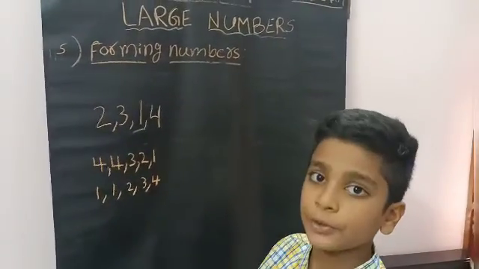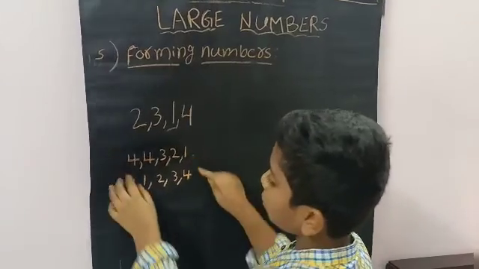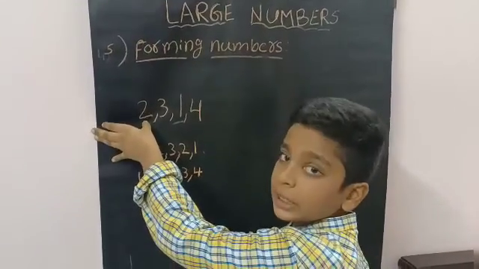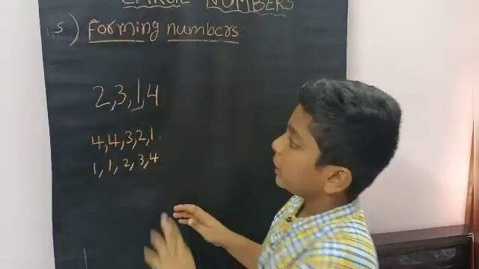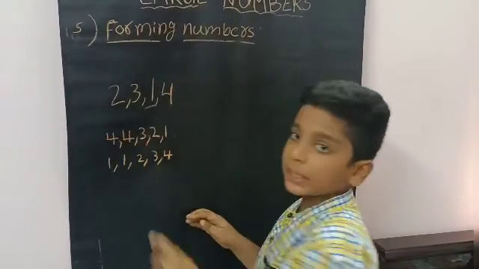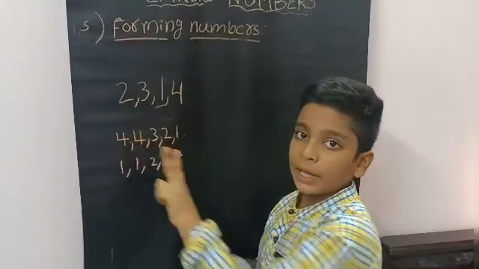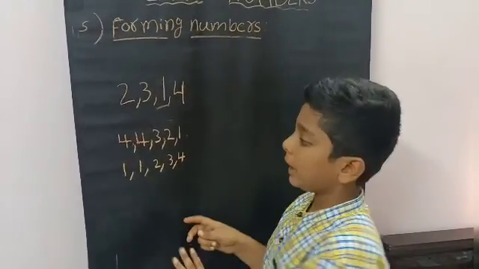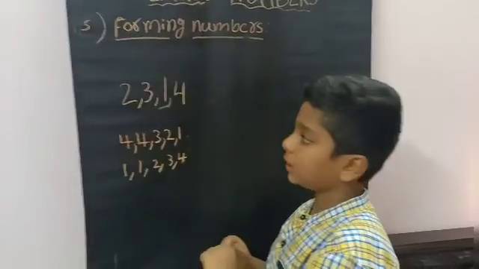I'll explain again. See, if they give 4 digits and you should write a 5-digit number, just see which is the biggest number and write the biggest number double, means 2 times, and write the next biggest number and the next biggest number.